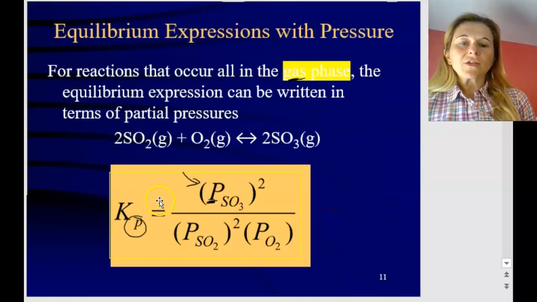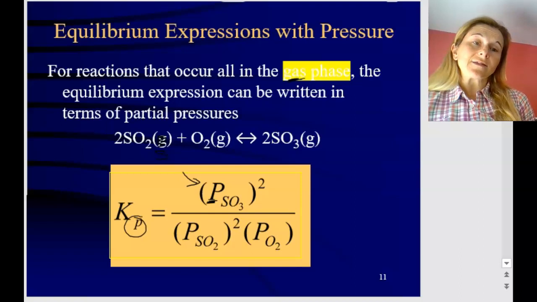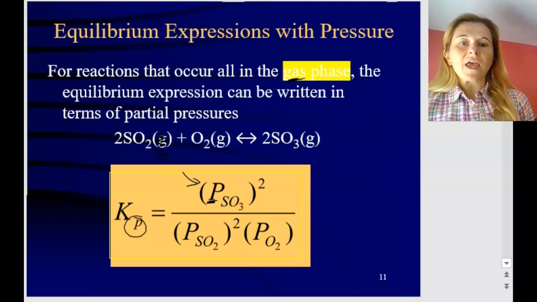So let's go back for a second. Let's say, just for the sake of argument, that SO2 is a solid at room temperature. Okay, it is not, it's a gas at room temperature, but let's pretend that it's a solid. If it's a solid at room temperature, then we just take it out of this formula. We're not even going to include it. So if we're figuring out the equilibrium expression with pressure, a solid isn't even in there. Let's say that SO3 is a liquid at room temperature, okay?